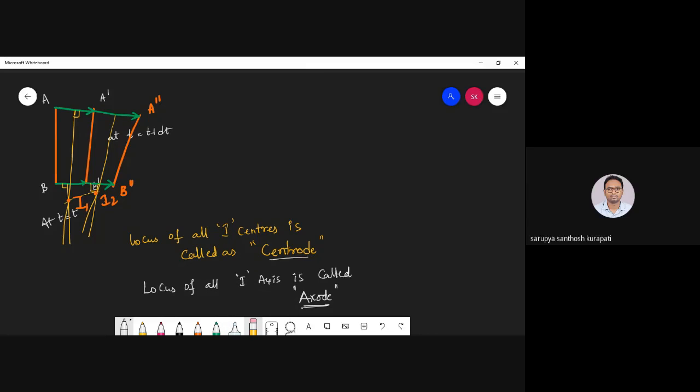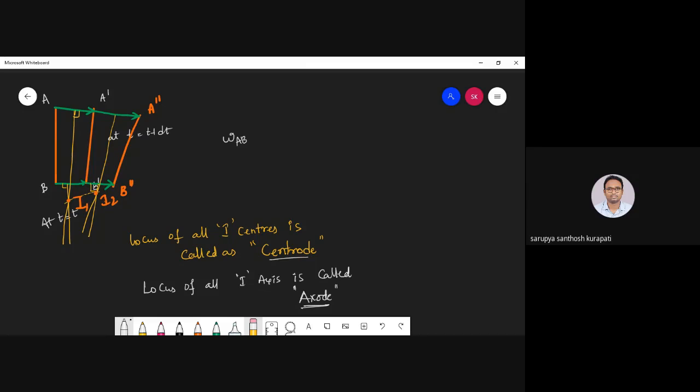Got it? So coming back to these I centers, microscopic observations. You need to understand the relation between angular velocity and linear velocity. Here omega of AB. AB is nothing but the link. How can I find the angular velocity of this link?